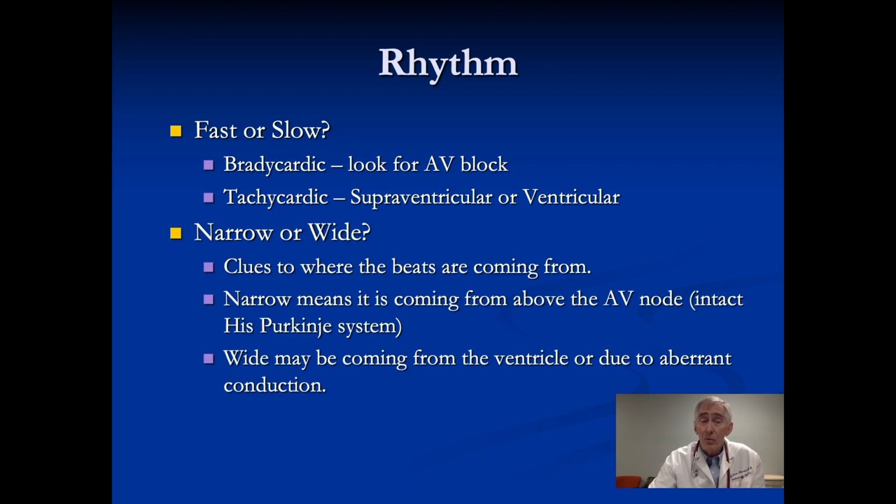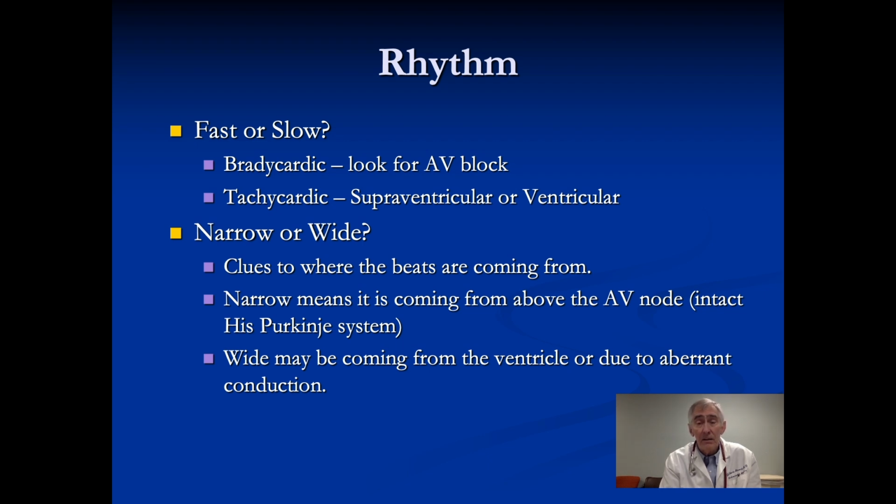Is it narrow or wide? This kind of gives us some clues to where the beats are coming from. If it's narrow, we know that the His-Purkinje system is intact, and that means that the AV node is conducting down through the His bundle, down through the His-Purkinje system, so that this will be above the ventricle.